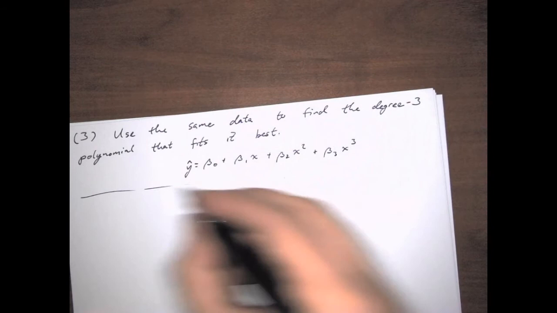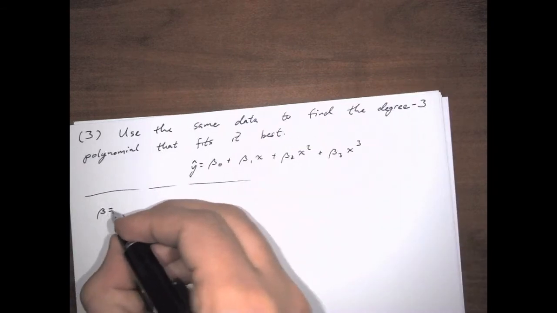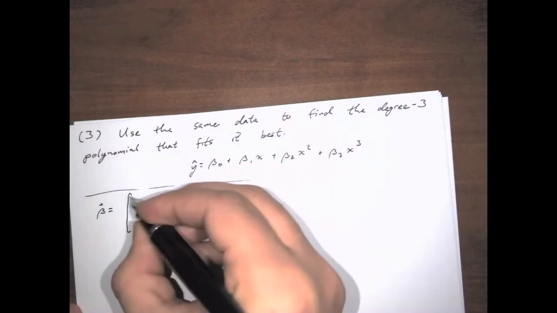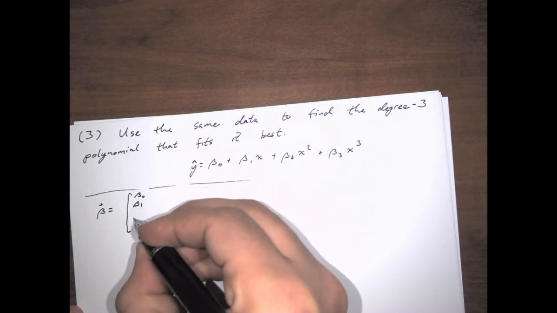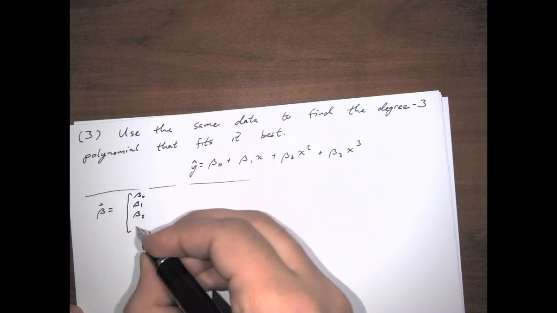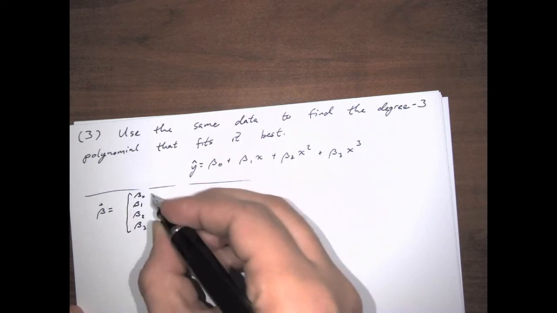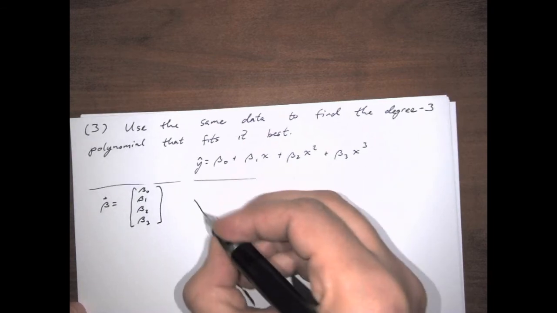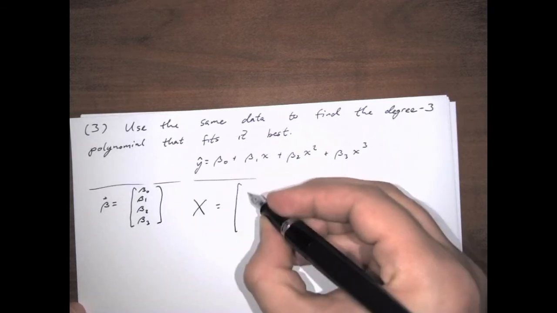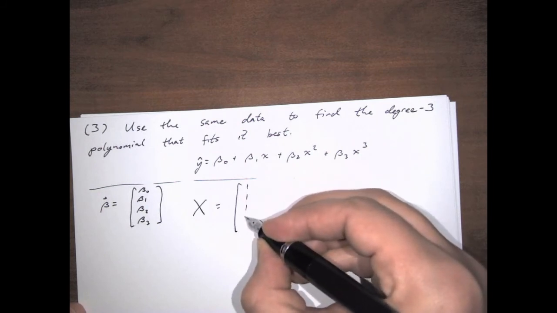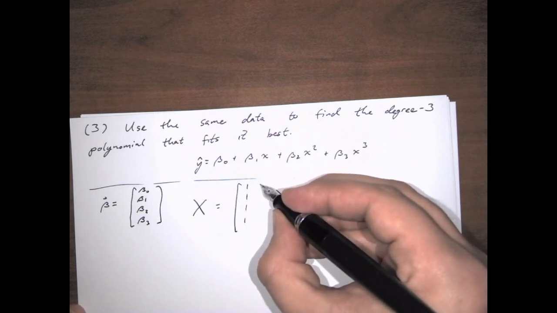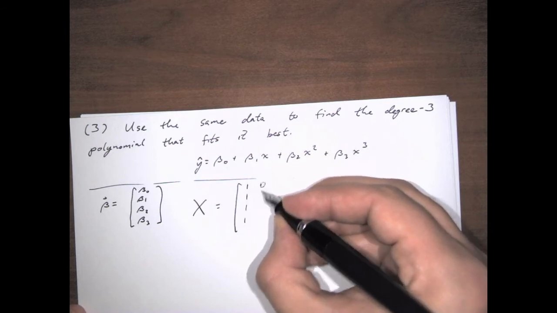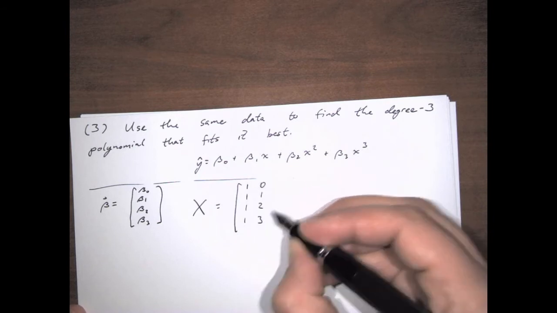So once again, here we have a beta that is just going to be the list of the unknown parameters: beta naught, beta 1, beta 2, beta 3. And then the design matrix now is going to be 1, 1, 1, 1. So these all represent the weights of beta naught. And then we have the x values of 0, 1, 2, 3.